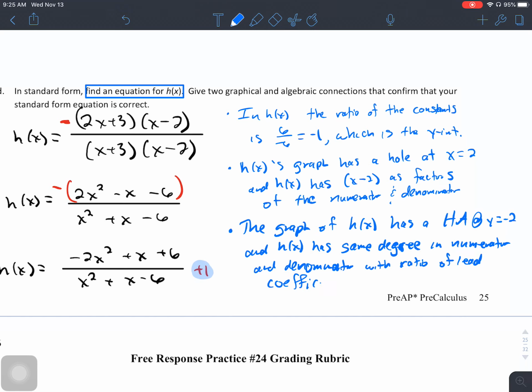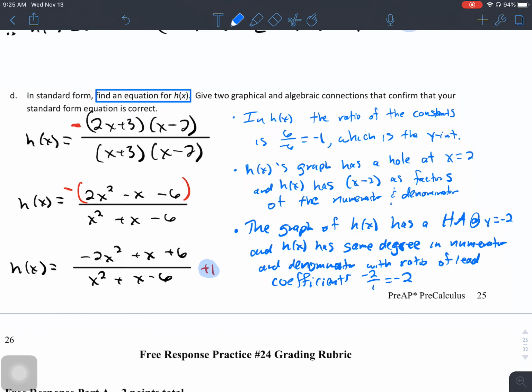I'm such a bad speller. Still might be spelled wrong. Lead coefficients would be negative 2 over 1, which is negative 2.